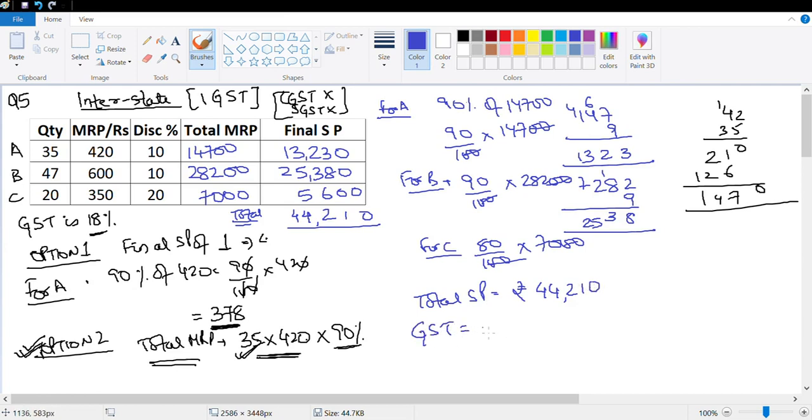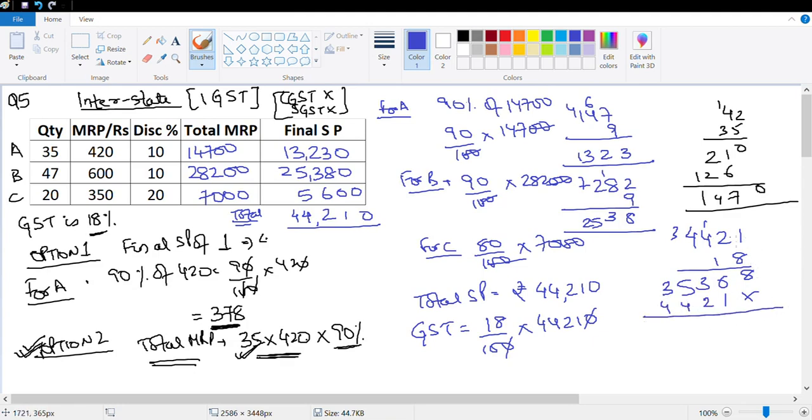GST is equal to 18% of 44,210. Now I need to do a big calculation. 4421 into 18, 8, 16, 32, 33, 35. Perfect.